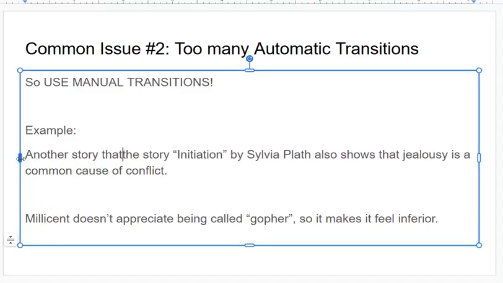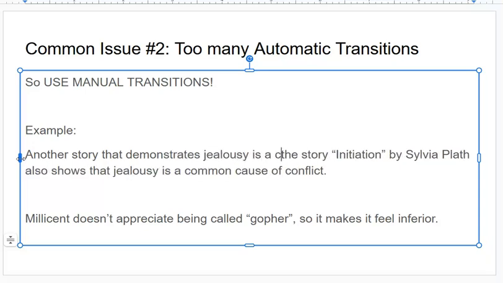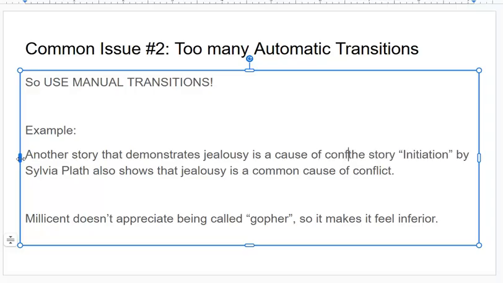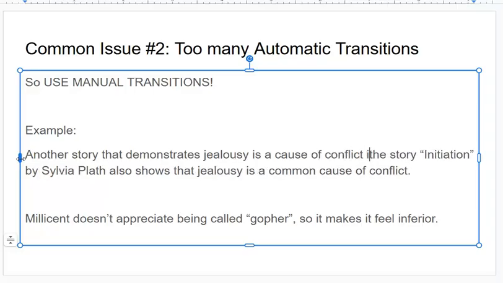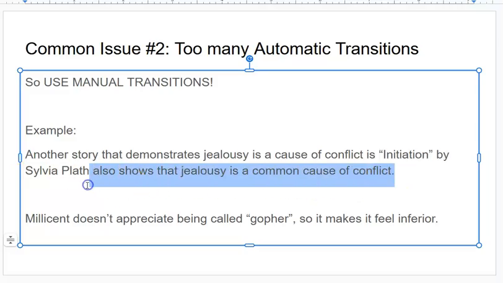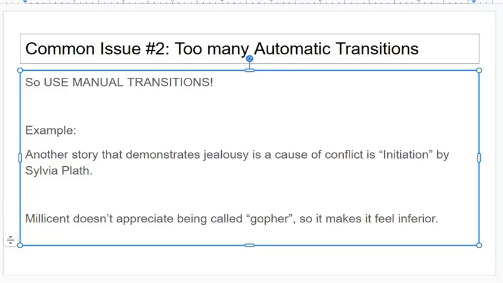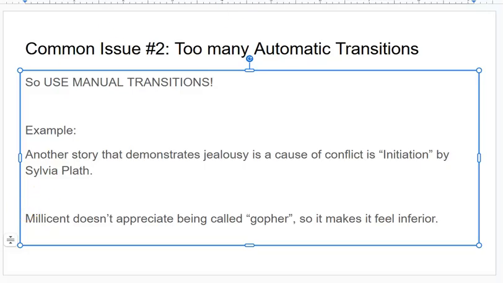Well, we can say, another story that demonstrates jealousy as a cause of conflict is Initiation by Sylvia Plath. So actually, what you might be noticing is that this whole sentence is a transition. This transitions from one idea to the next, and it shows a relationship.